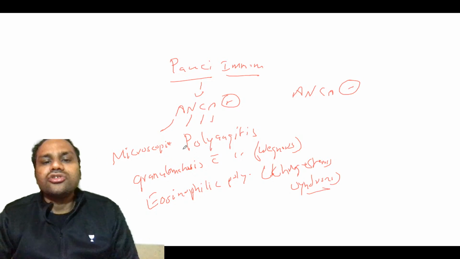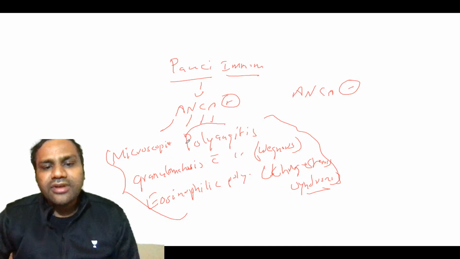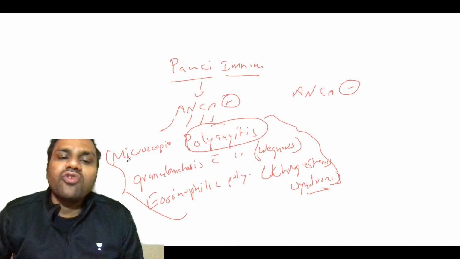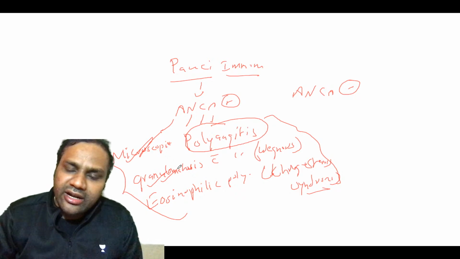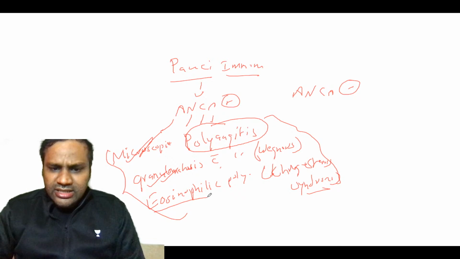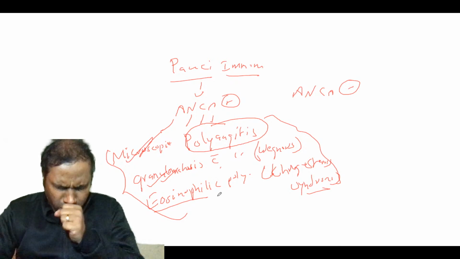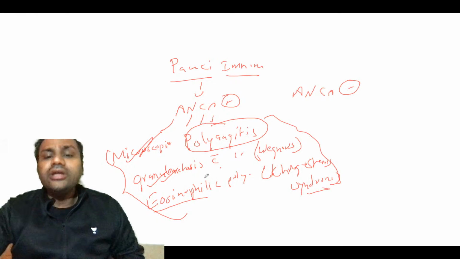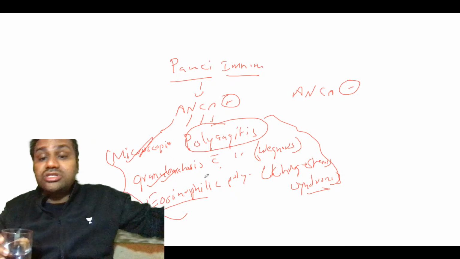So these are basically ANCA positive glomerulonephritis: microscopic polyangiitis, granulomatosis with polyangiitis, that is Wegener's, and eosinophilic granulomatosis with polyangiitis, which is Churg-Strauss syndrome.